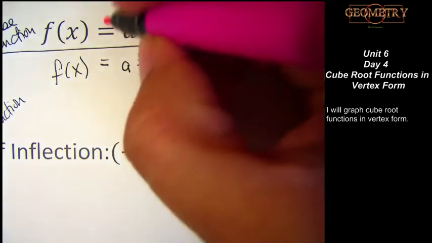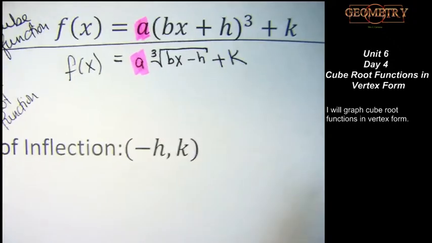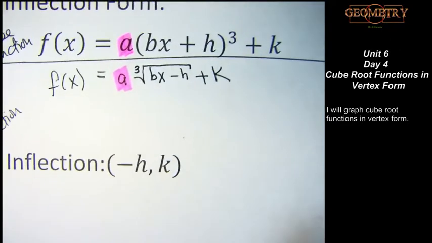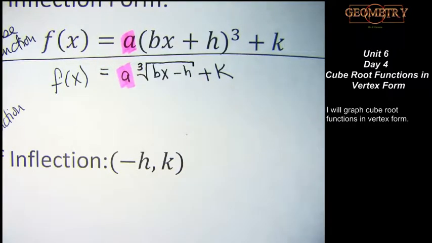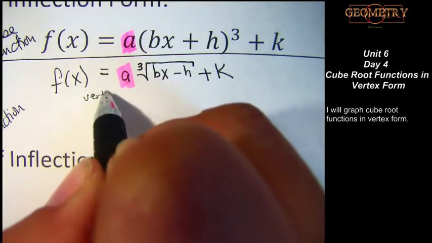The information that's found in this location controls what part of the transformation? Yeah, the vertical compress, the vertical stretch. It also controls what? The vertex.